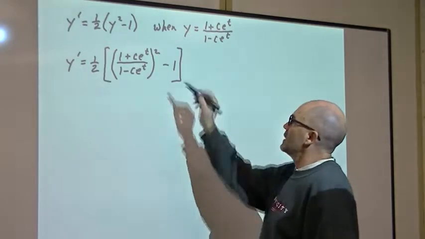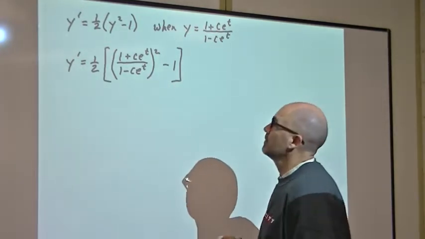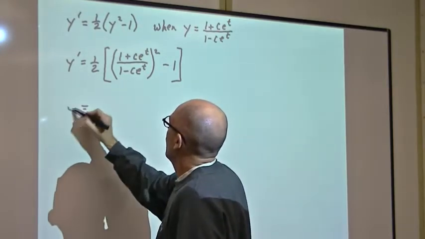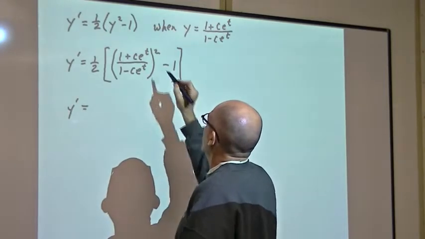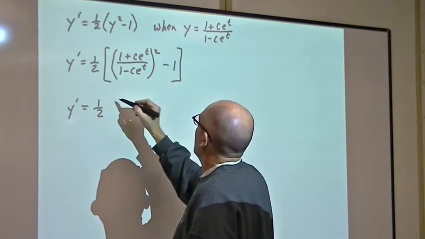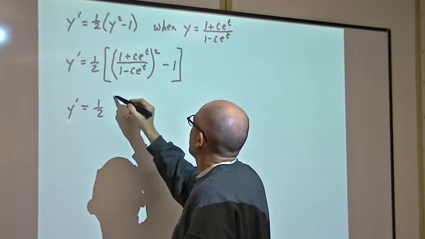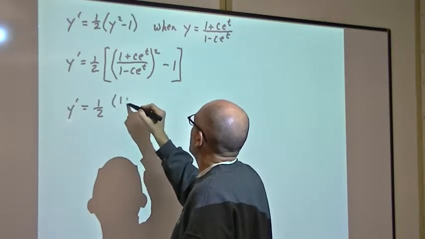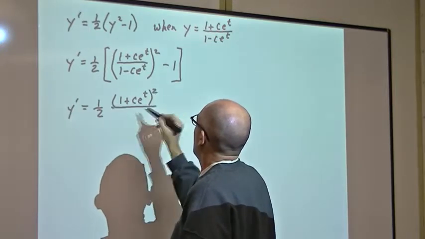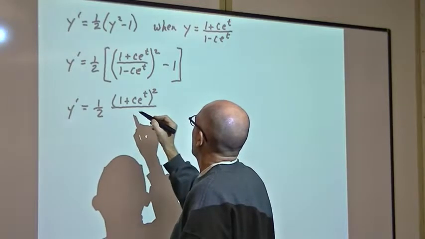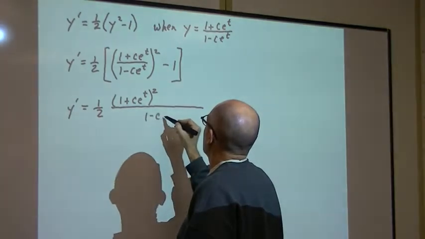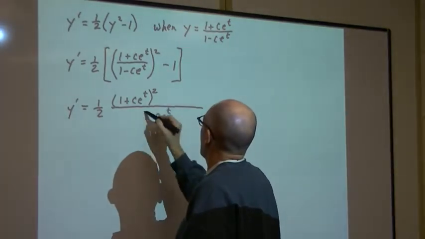Okay, so we're just going to simplify this giant mess, and this is going to become y prime equals, let's get common denominators here. So it's going to be 1/2 times 1 plus ce to the t squared over 1 minus ce to the t squared.